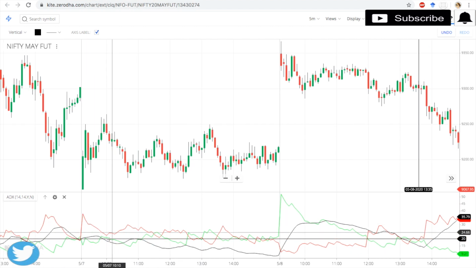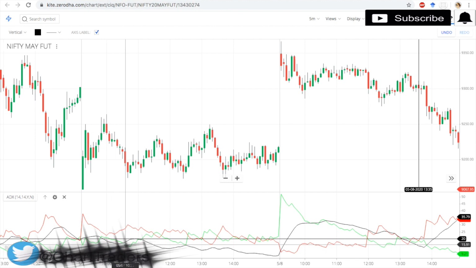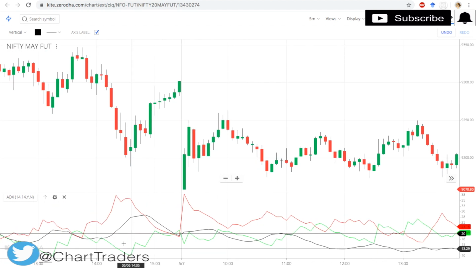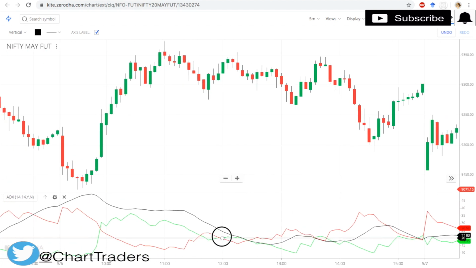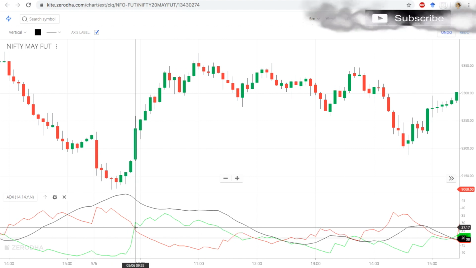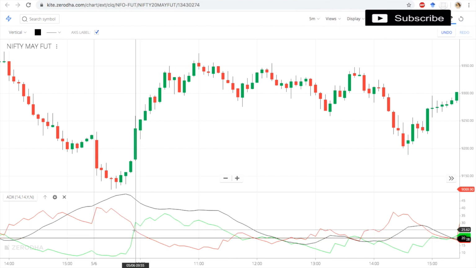Whenever the ADX line is below this black line, we are not going to buy or sell. Now here, the green line crosses your red line and ADX is above 20, so we can buy.